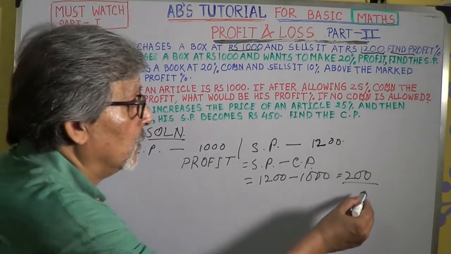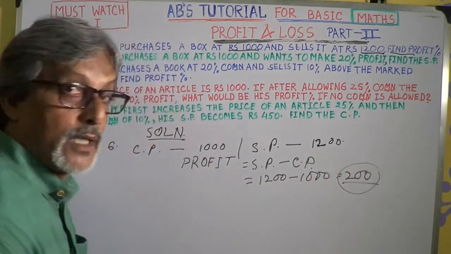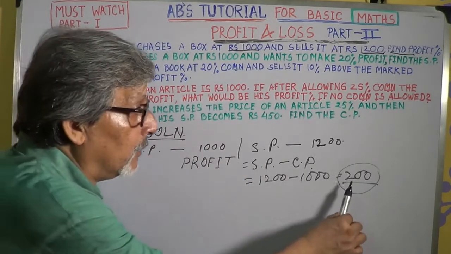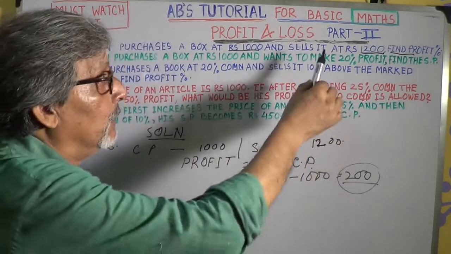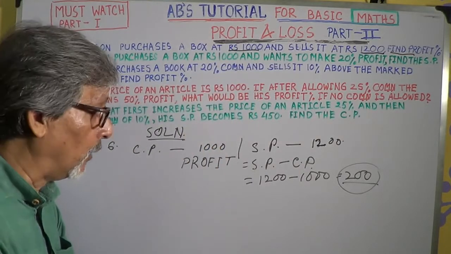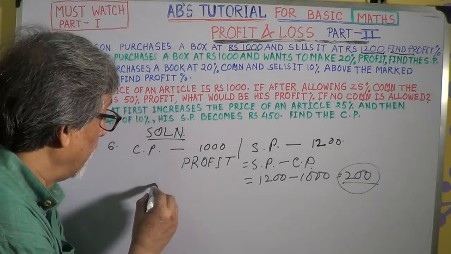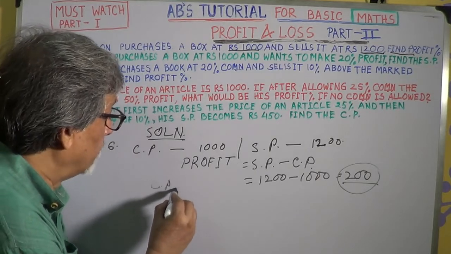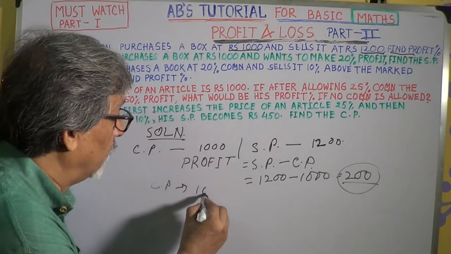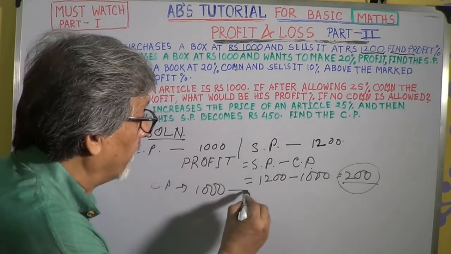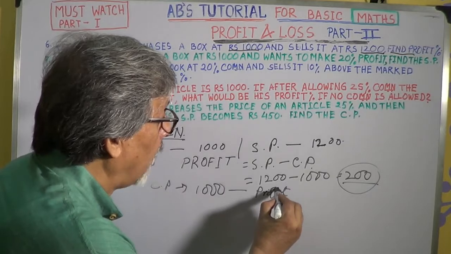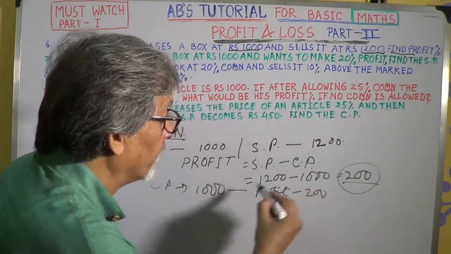So rupees 200 is the amount of profit. The person has made this rupees 200, and we have to find out what is the percentage of 200 with respect to our CP, which means rupees 1000. So cost price is 1000 and our profit is rupees 200.